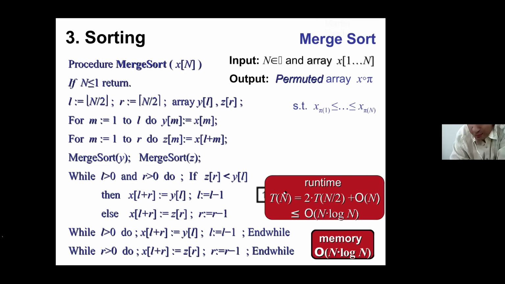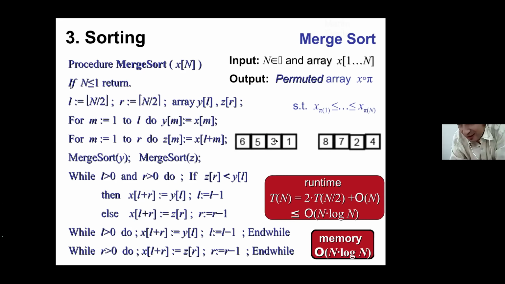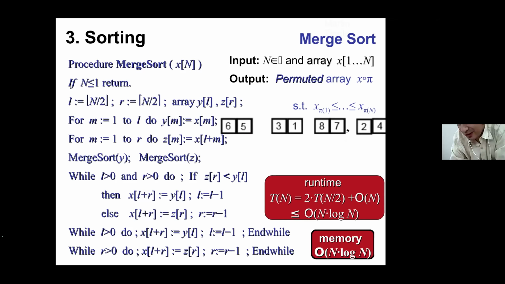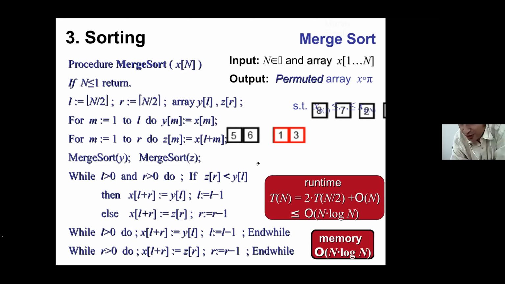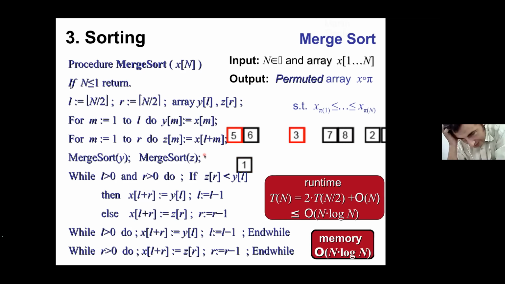For example, if you have an array of 8 elements, you copy them into 2 arrays of 4 elements, then into 4 arrays of 2 elements, and then into 8 arrays of 1 element. The size always decreases by half, but every element is copied until the size decreases to 1. So every element is copied log n times, and with n elements you have n log n memory consumption in this form.